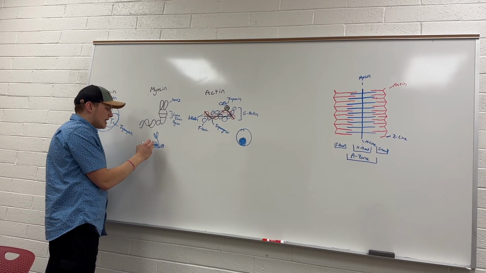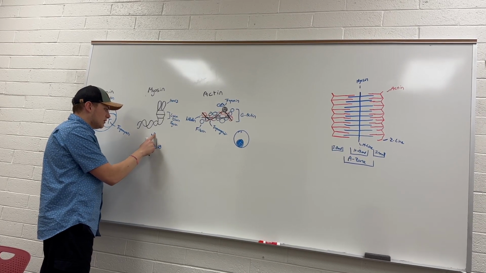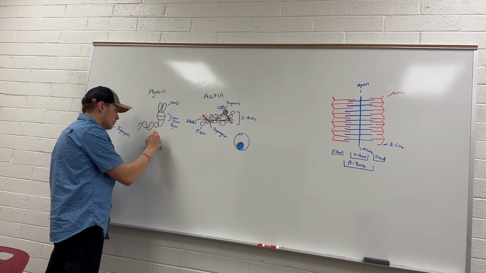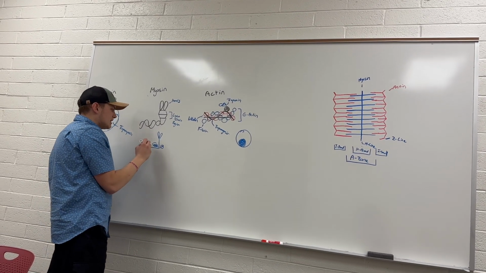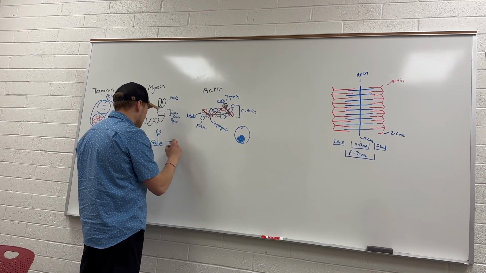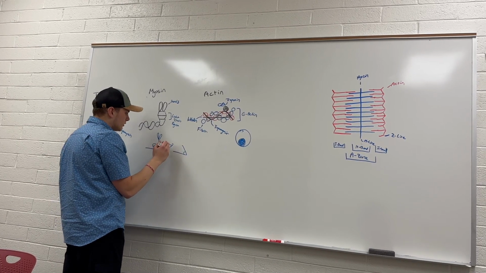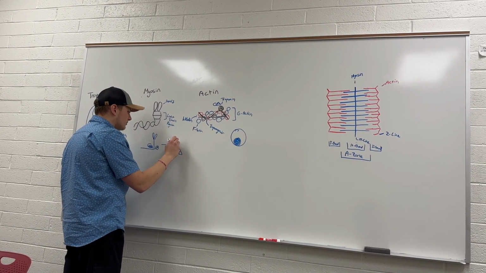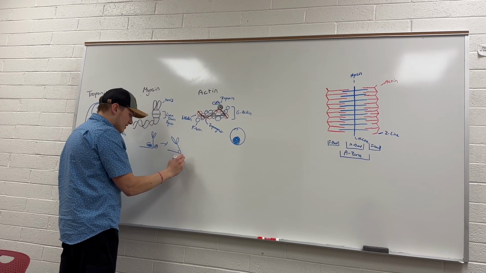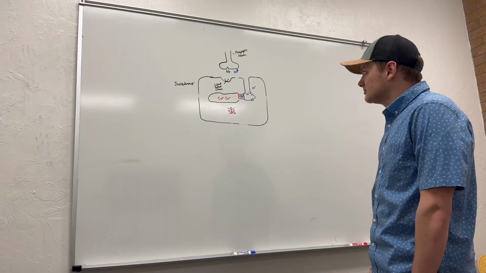And then when it binds, I drew that a little bit wrong. This is supposed to be straight up, like that. But then when it binds and then contracts, it undergoes a different conformation. And I'll detail this a bit later. But notice how we had a 90-degree angle here, and here we're going to have a 45-degree angle. And ADP and phosphorus will have fallen off at that point.